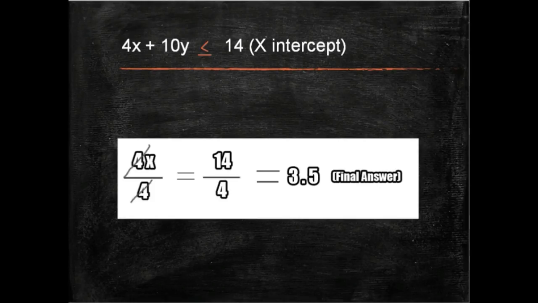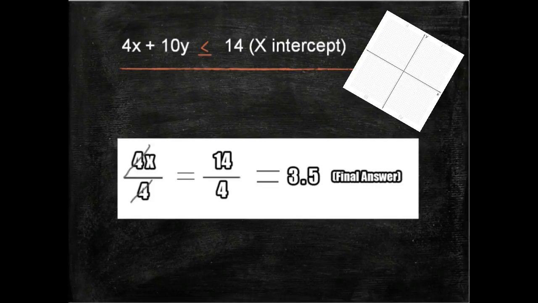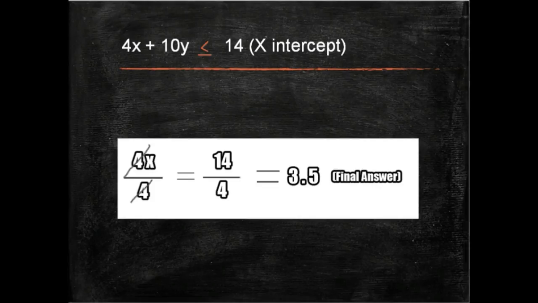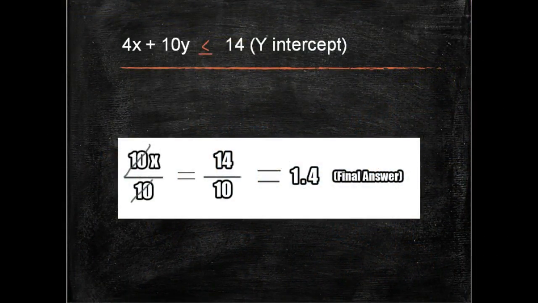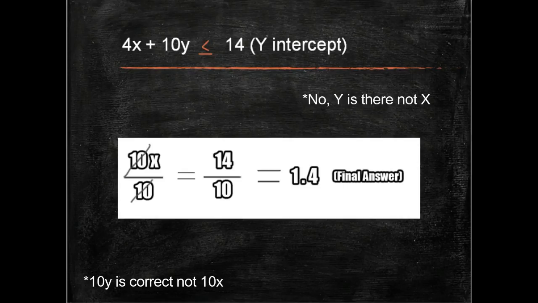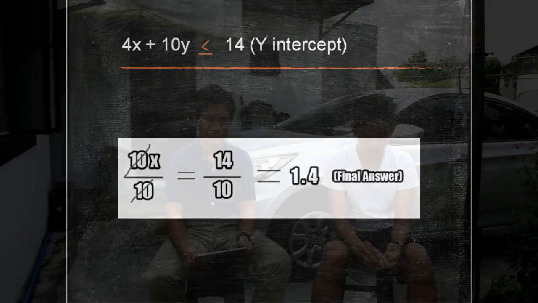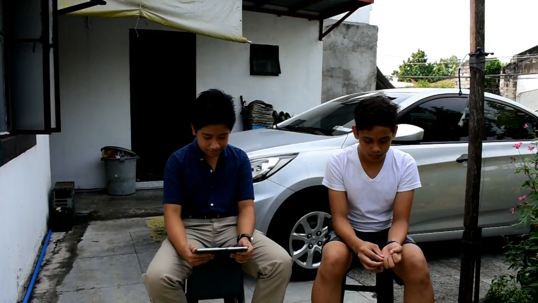We're left with x equals 14 over 4. Now we're gonna put it in decimal because we're going to put it in our Cartesian plane. It gives us 3.5. Keep that in mind. Now for the y-intercept, do that again. In this case it's 10, so we're left with y equals 14 over 10, which is 1.4.